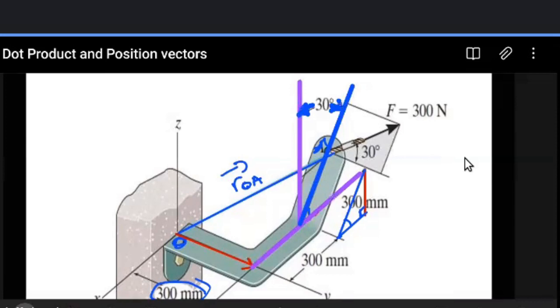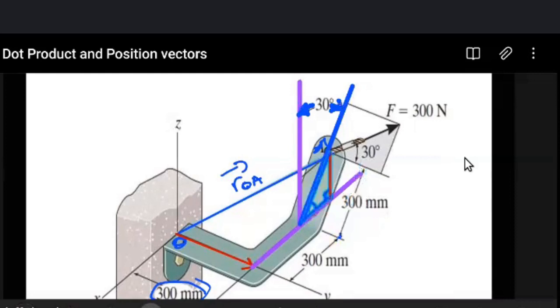Now, notice that this triangle that I have made at the bottom here also depends on the bottom angle, which is here. Do you see that? Yes.